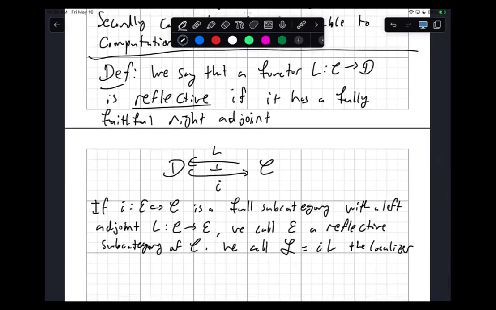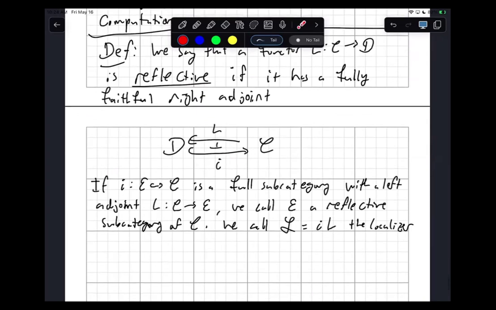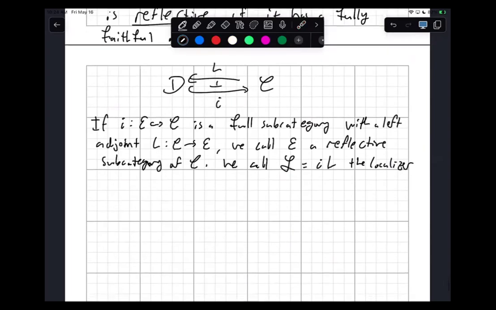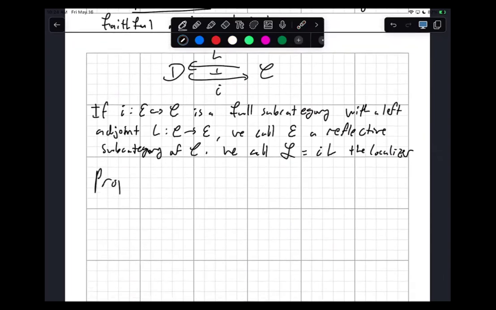So what we're interested in are functors L that are reflective and that furthermore are localizations. Let me write why we care about this. It's a very nice proposition that you can find in Emily Riehl's book, Category Theory in Context.